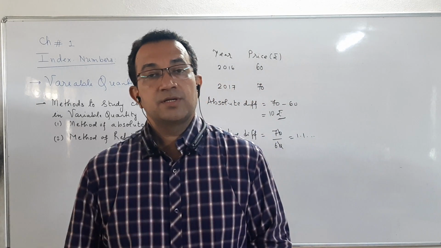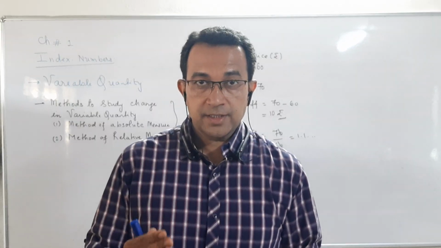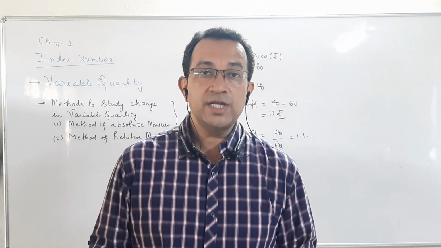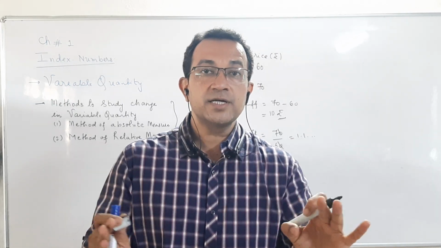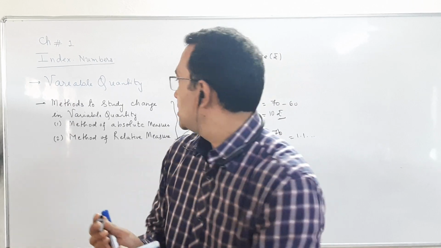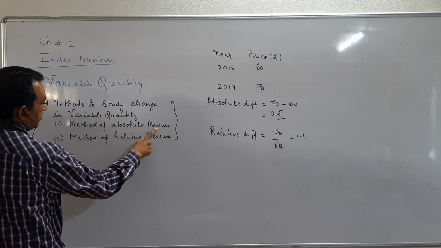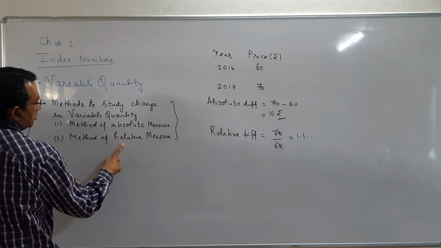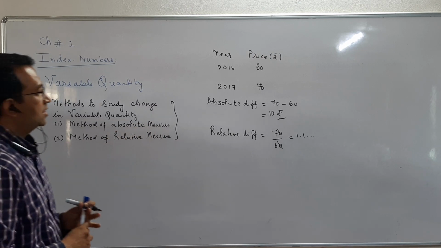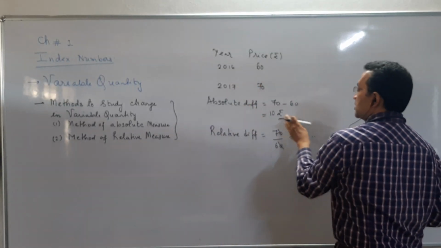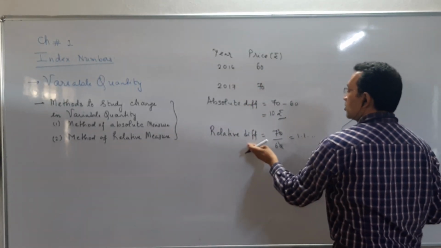So students, whenever we study the change in the values of a variable quantity, we can study by 2 different methods. The first method is method of absolute measure, and the second is method of relative measure. The absolute measure or difference is 70 minus 60, 10 rupees, and relative always means ratio.